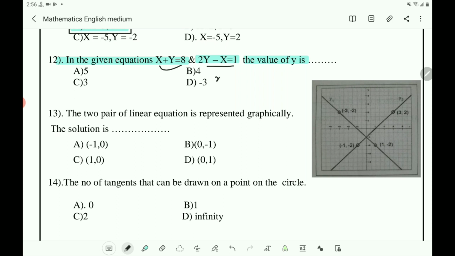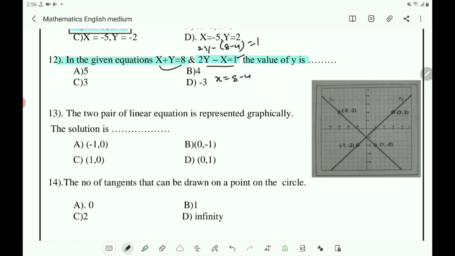So you take x equals 8 minus y. So you write 2 into y minus x, that means 8 minus y, equals 1.